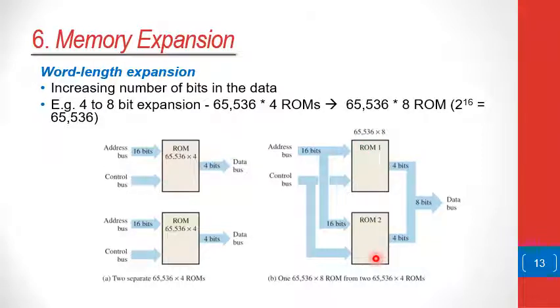We have ROM 1, ROM 2, and then the 16-bit address will go to both ROMs simultaneously, as well as the control bus will go to both of them. And then, since these ROMs would be addressed by the single address bus simultaneously, the output data that comes out will have to be 8 bits now.